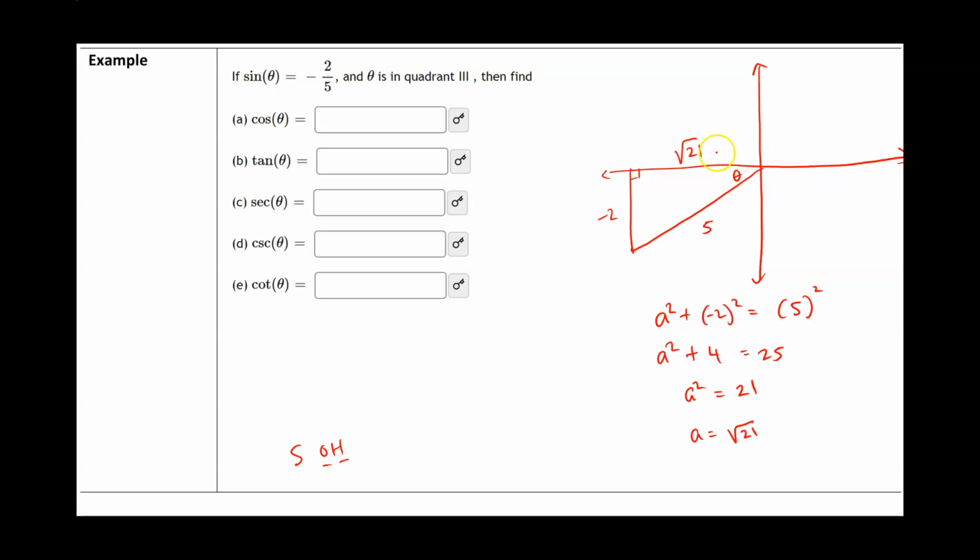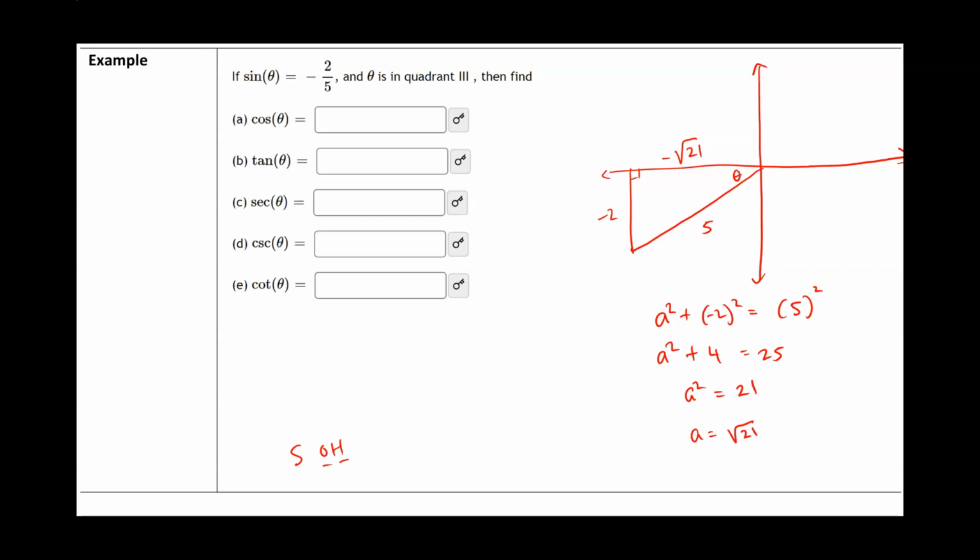But because we're going in the negative direction, it'll be negative radical 21. So remember, if you go in the negative direction, so if you go to the left or if you go down, your values are going to be negative.